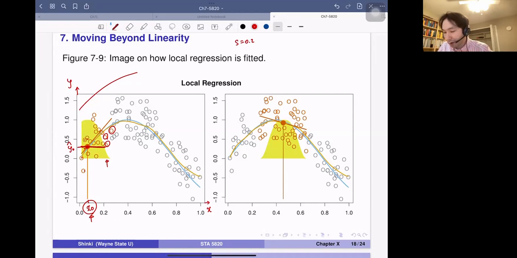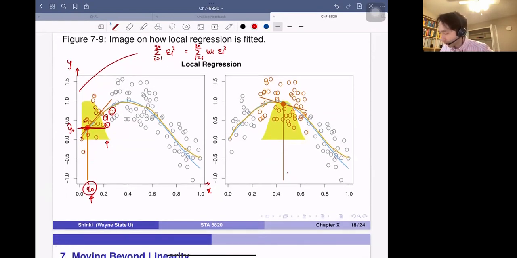We give higher weight to observations close to x naught, but lower weight to these. Lower weight means that when we minimize the sum of squares, usually epsilon i squared, i equal to 1 to 20, we instead minimize the summation of w i epsilon i squared, i equal to 1 to 20. And w i is larger when observations are closer to x naught.